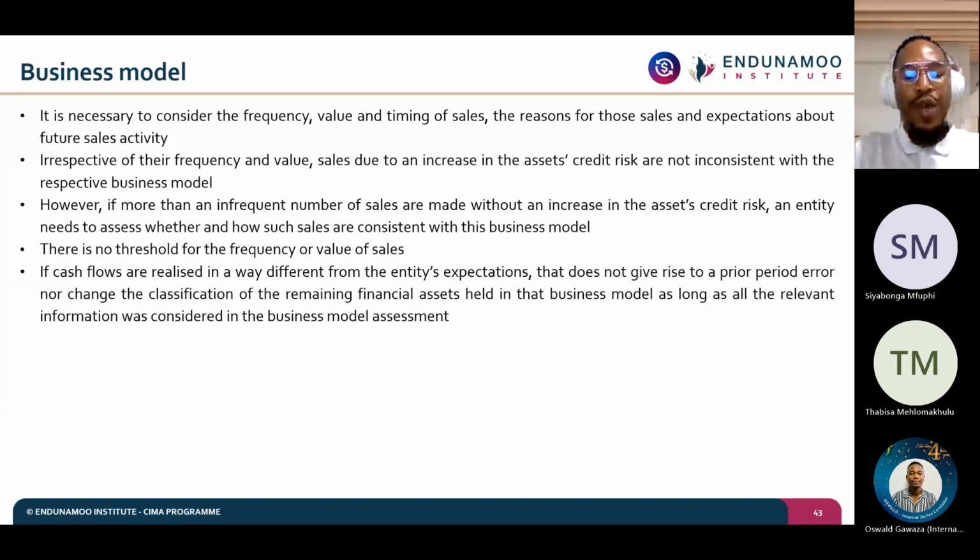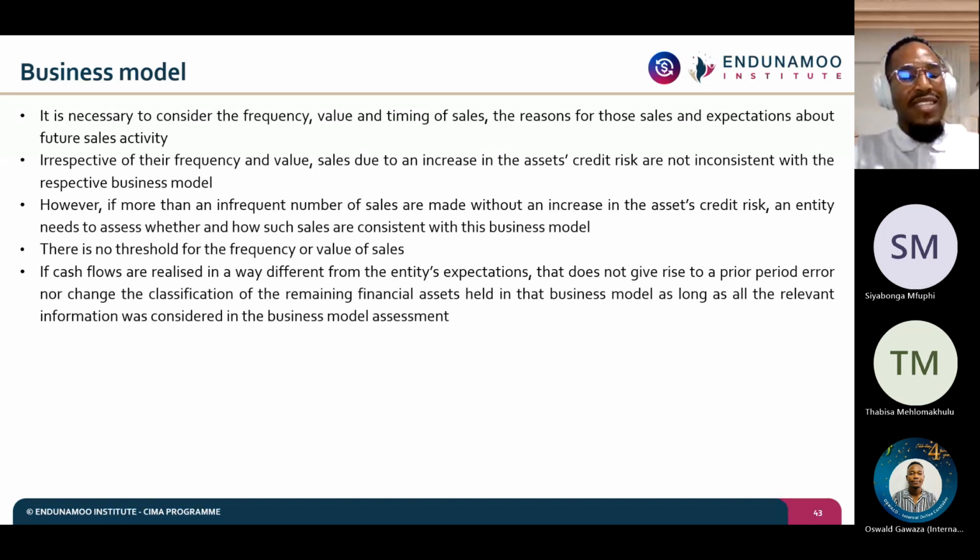So if you have a group of financial assets, maybe you are a bank, you've got a number of debtors that owe you for motor vehicle finance, and their credit risk is not increasing. These people are still paying their debts on time. They are not appearing as though they are having financial struggles. So you're not at all concerned about whether you'll be able to collect the payments or not.